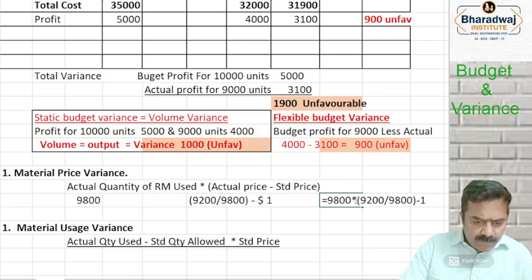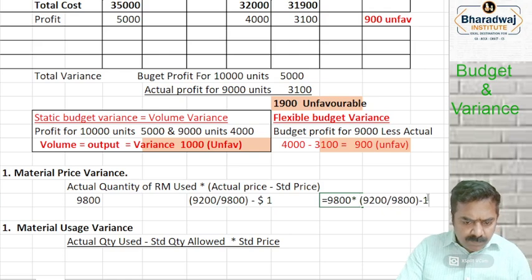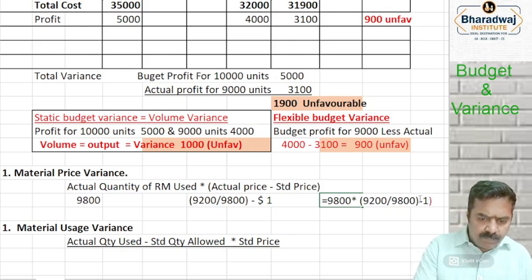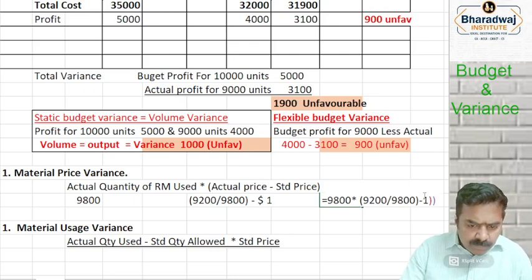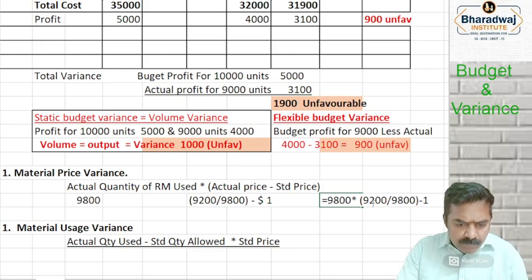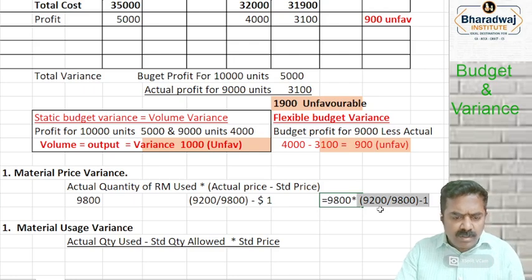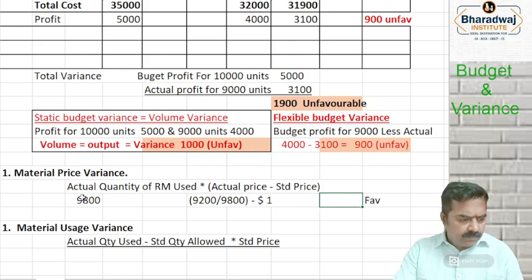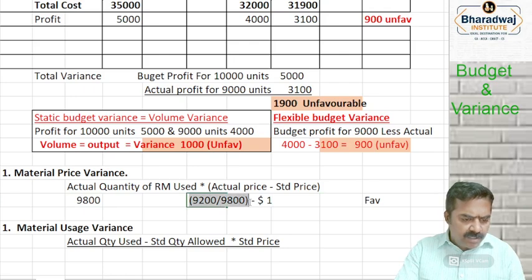Work out this and tell me the amount. The value is 9,200 by 9,800 minus 1.